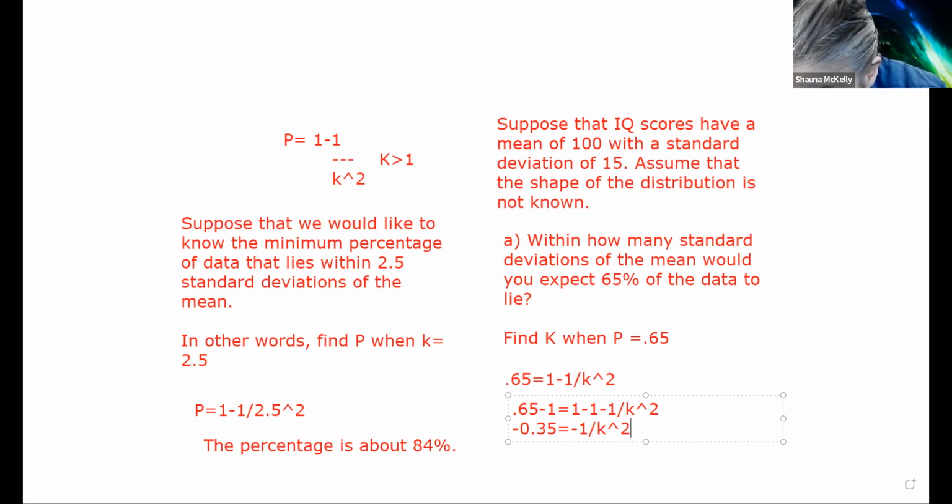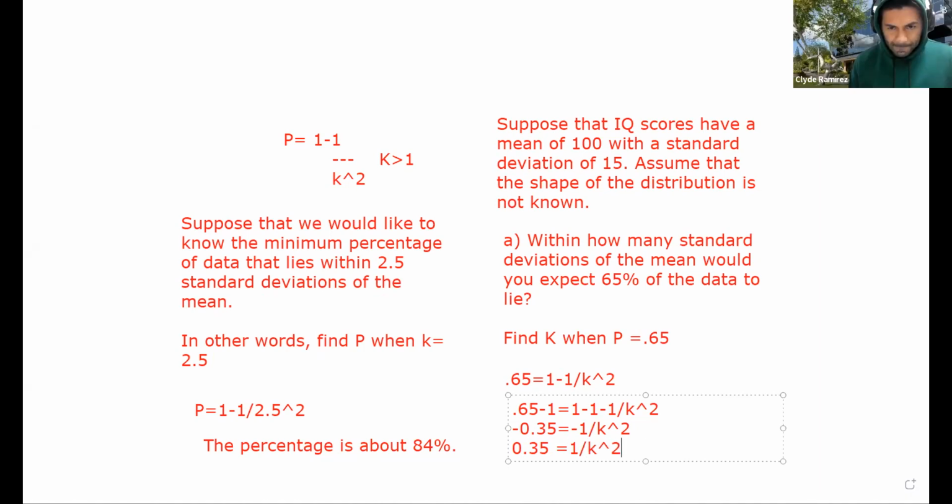Questions about this? No, I'm with you. Now, I have negatives on both sides, so it's not going to change anything. If I multiply both sides by -1, I end up with positive numbers, and I get 0.35 equals 1 over K squared.